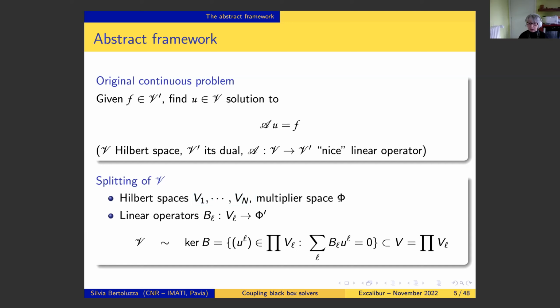In particular, you introduce a multiplier space and a linear operator that goes from the small Hilbert spaces (they are still infinite dimensional, but smaller than your original space when you discretize) to the dual of the multiplier spaces, and you identify your original Hilbert space as the kernel of the sum of the linear operators.